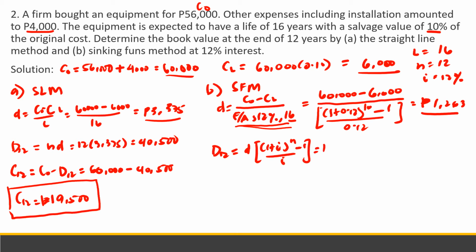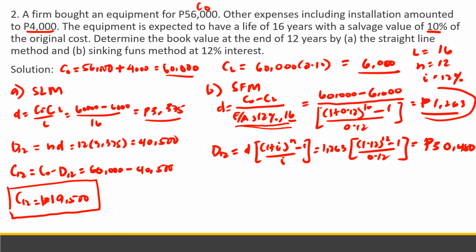So this is 1,263 times 1.12 to the power of 12 minus 1 over 0.12. So total depreciation at the end of 12 years is 30,480. So hindi tayo mag-multiply ng 12 years. So kailangan dumaan ka ng formula since this is a sinking fund involving interest of 12%. So book value at the end of 12 years is CO minus D12.